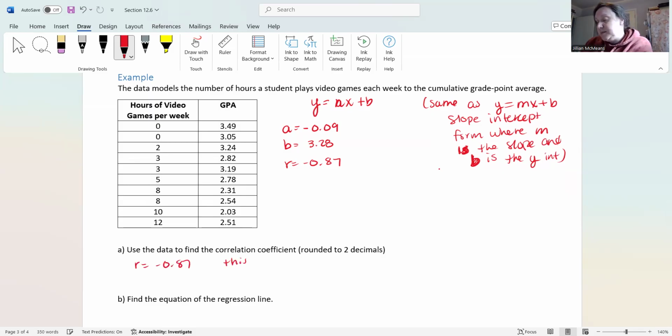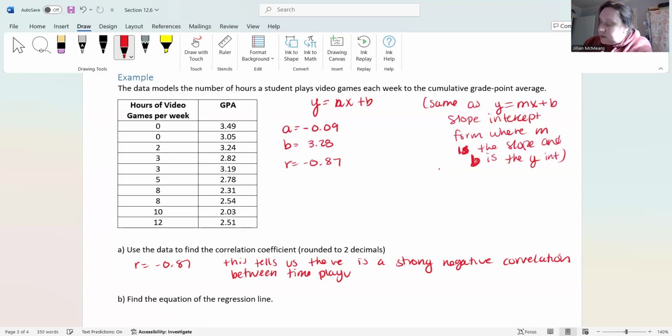This tells us there is a strong negative correlation between time playing video games and GPA, meaning that the more time you spend playing video games, the lower your GPA is going to be.